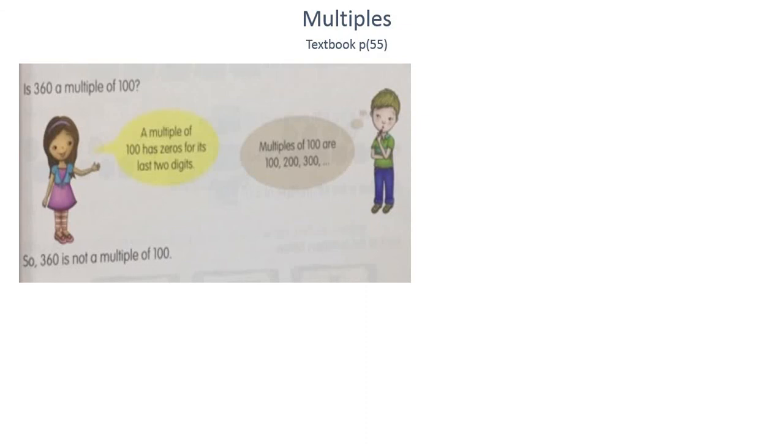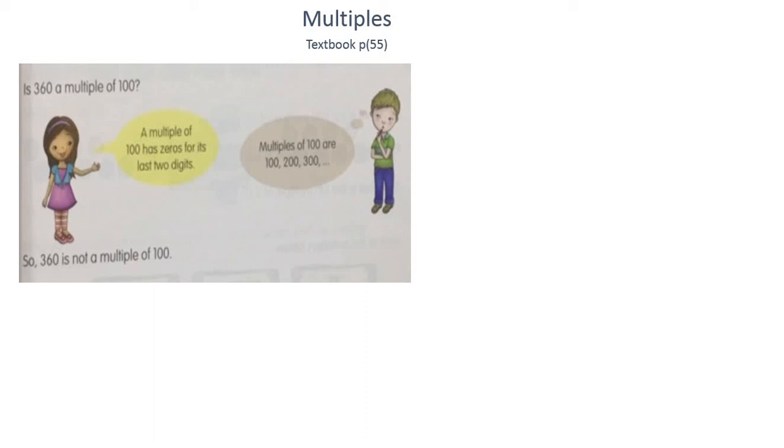Now we will talk about the multiples of 100. Take a look at your textbook, page 55 again. You have here, they are asking, is 360 a multiple of 100? So we said that we have multiples of 5, multiples of 10, and now we are talking about multiples of 100. Is number 360 a multiple of 100?